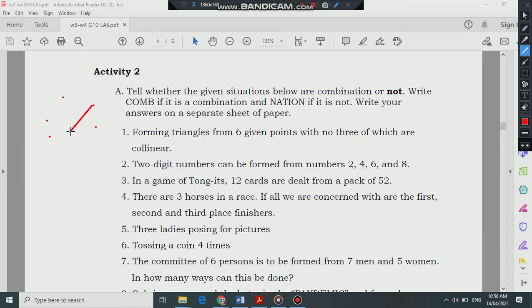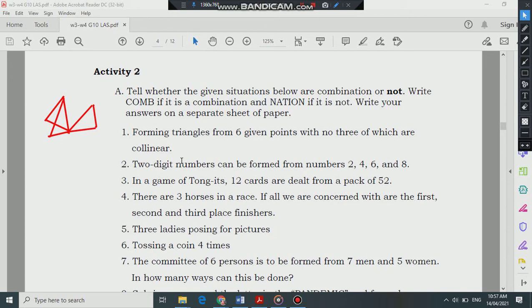You could start here, or you could start from another point. This one is another triangle. For as long as you can form triangles. Now, with this situation, do you think order is important? If it is no, then this statement is for combination.